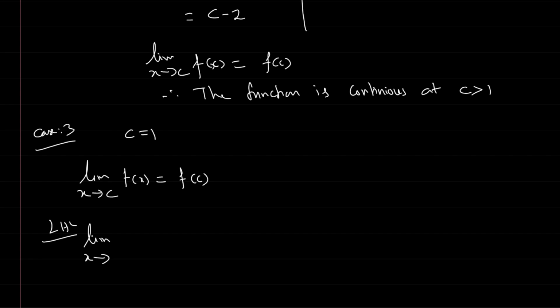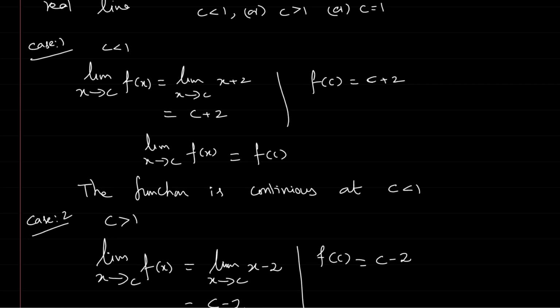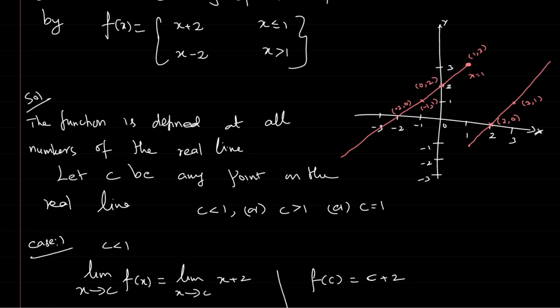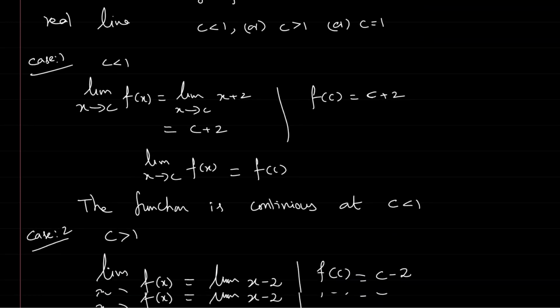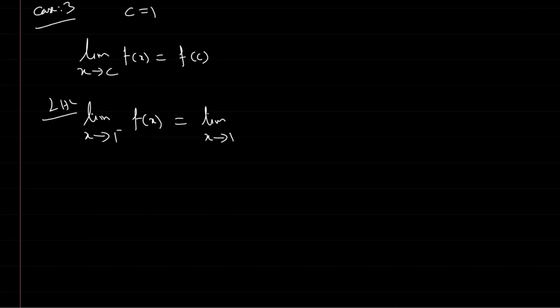So, for my convenience, I can write this as limit x tends to 1 minus, a value slightly less than 1, f of x. Slightly less than 1 means x is less than 1. Therefore, automatically the function will take the value x plus 2. Therefore replace x by 1, you will get 1 plus 2, which is equal to 3.